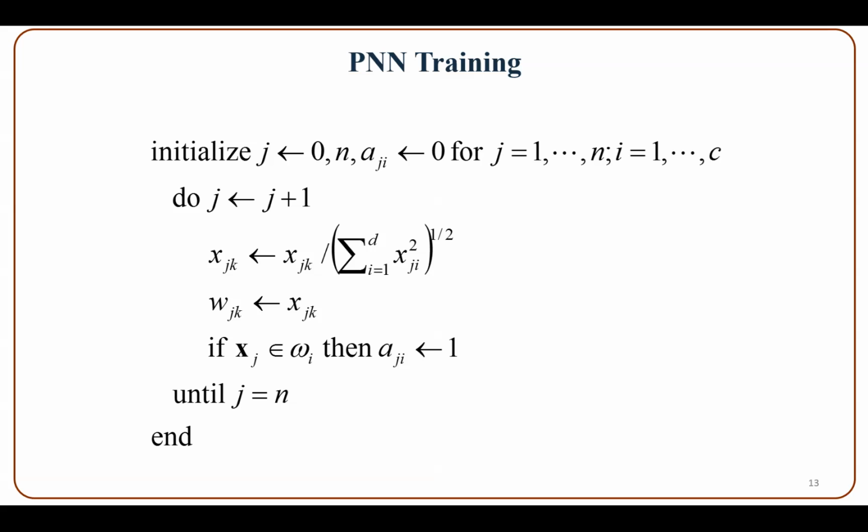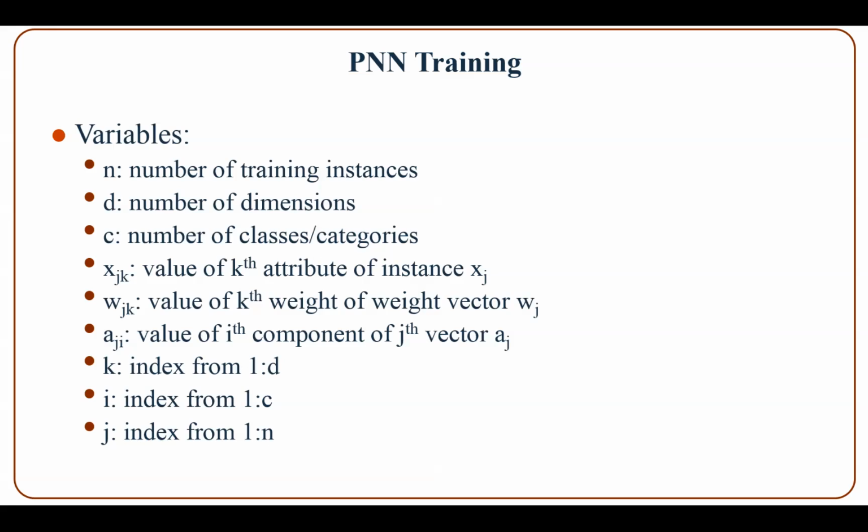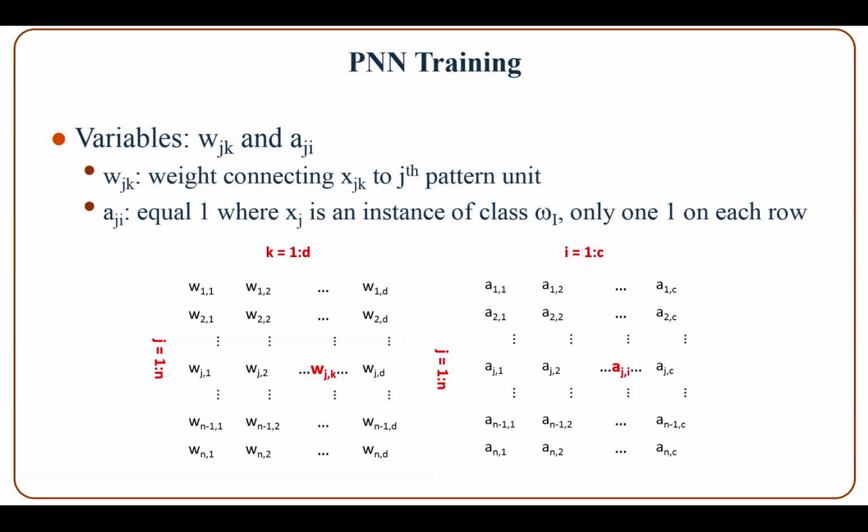A_j is set to 1 if the jth pattern or instance belongs to the class omega_i. The steps are repeated for all the tuning set. This slide explains the variables in the tuning algorithm.